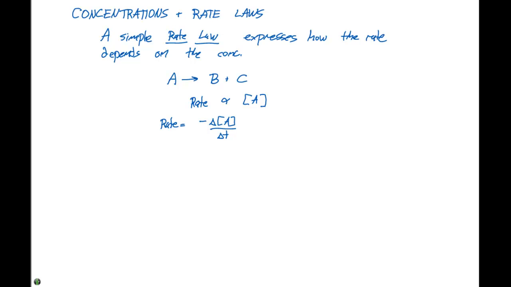And we also know that the rate is proportional to the concentration of A. Anytime we see a proportion, we can add a constant to get a true rate expression. So our rate expression is going to be equal to k times the concentration of A to the x power.